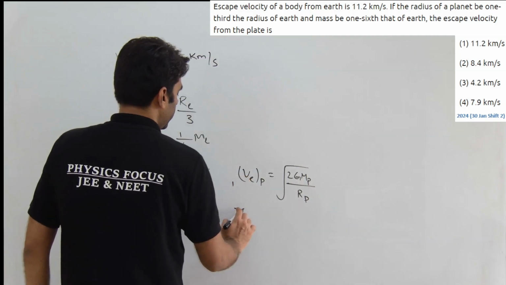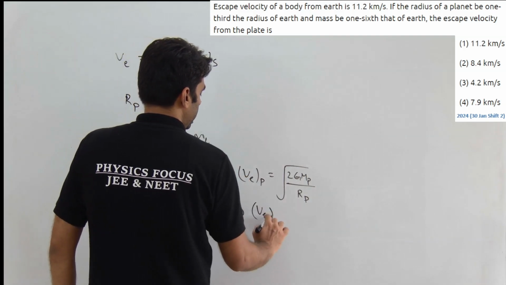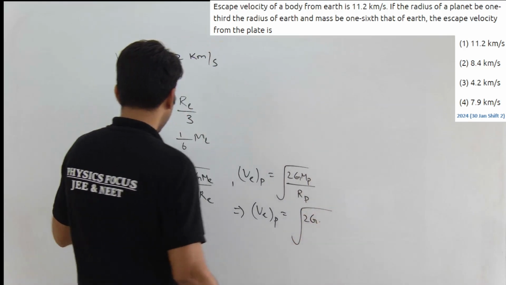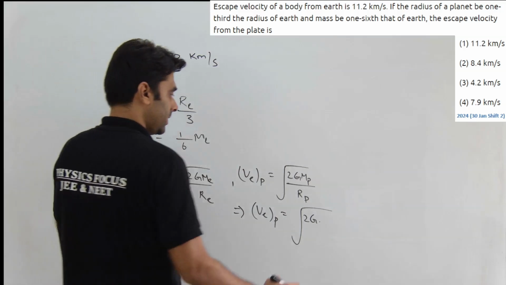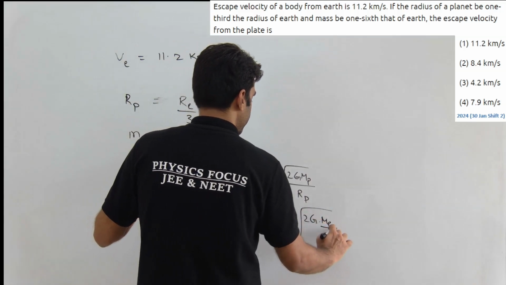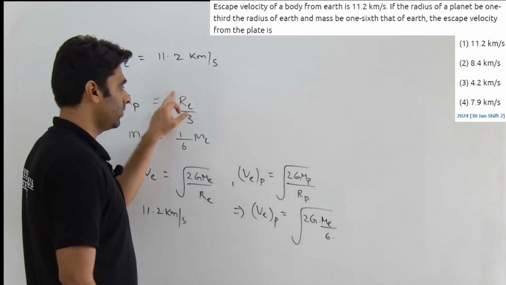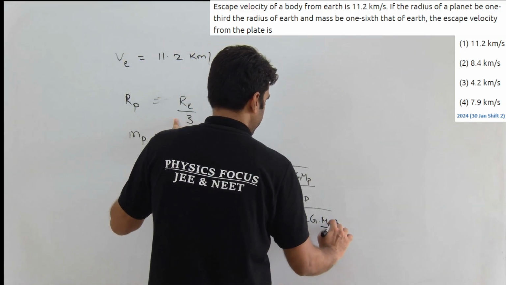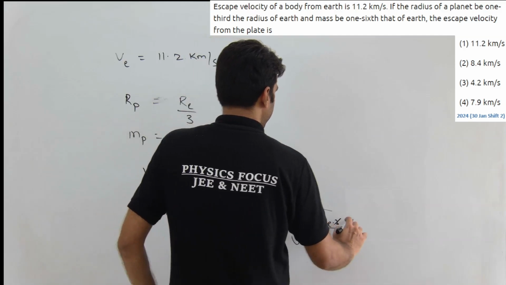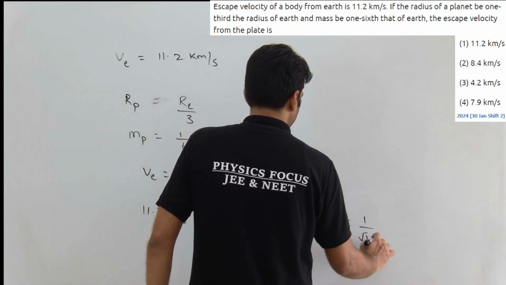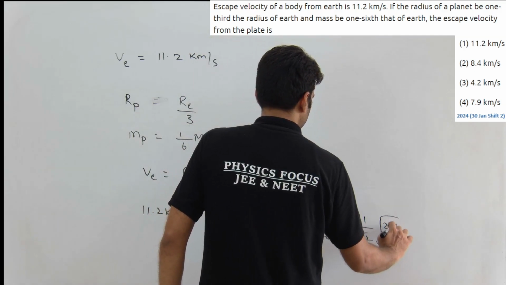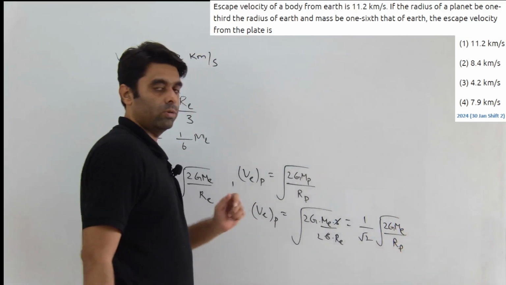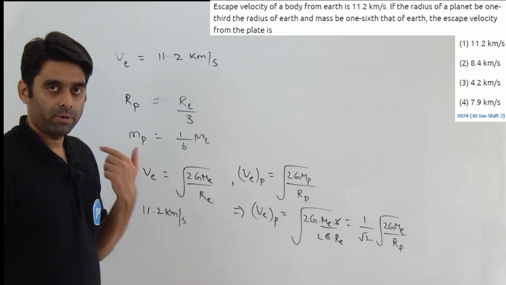Now if we substitute, escape velocity from the planet is root over 2G M_P, where mass of planet is 1/6 times mass of Earth, so M_E by 6, and R_P, radius of planet, is 1 by 3 times radius of Earth, so R_E by 3. Ultimately we get 1 by root 2 times root over 2G M_E by R_E, which is nothing but 11.2 kilometer per second.